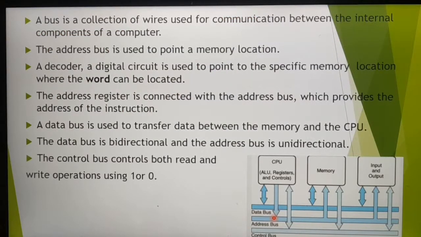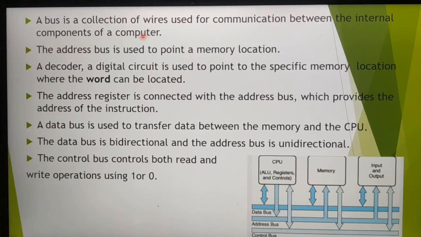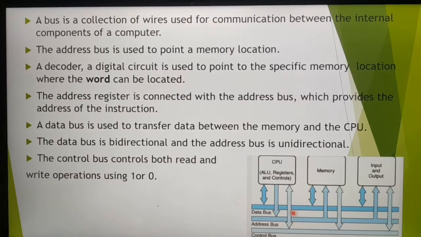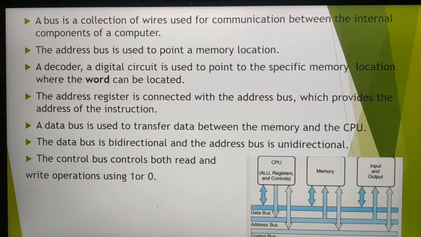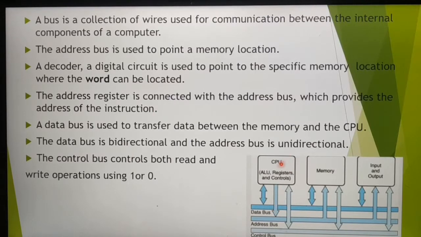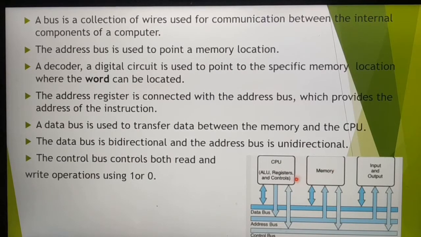Next we can see what a bus is and what the use of a bus is. Actually, a bus is a collection of wires. These wires are used to communicate between internal parts of the computer. Here we have three different types of buses: one is the data bus, second the address bus, and the control bus. The data bus carries data information from one component to another, like processor to memory and memory to processor.